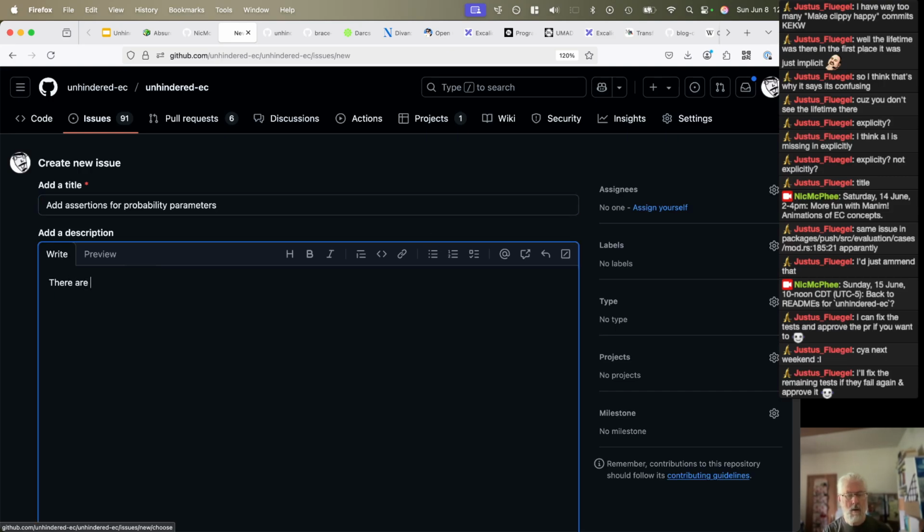There are numerous functions like mutation and recombination operators that take arguments that are intended to be probabilities, but we don't currently check that those values are legal.